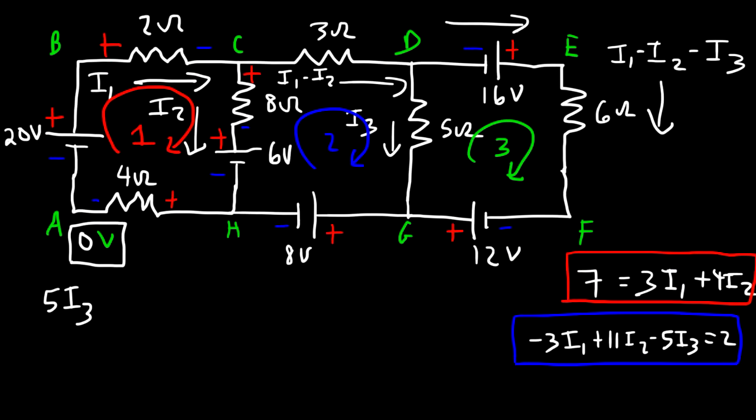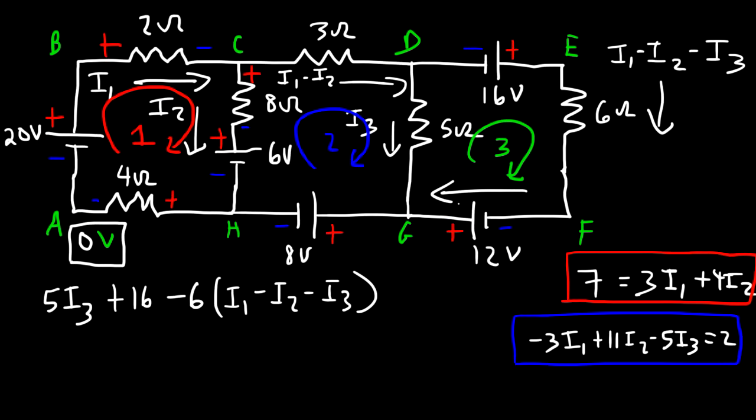And then we're traveling in this direction towards the positive terminal of the battery, so that's a voltage lift of 16 volts. And then we're following the direction of this current, so that's a voltage drop. That's going to be negative 6 times (I1 minus I2 minus I3). And then we're traveling in this direction towards the positive terminal, so that's a voltage lift of 12 volts.